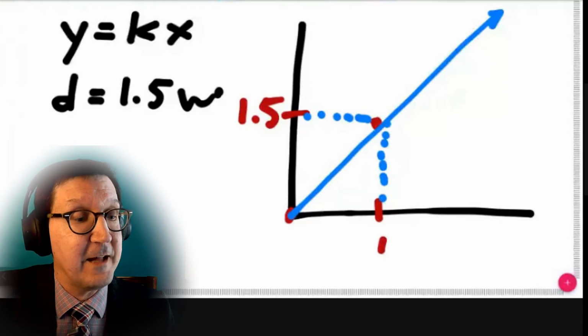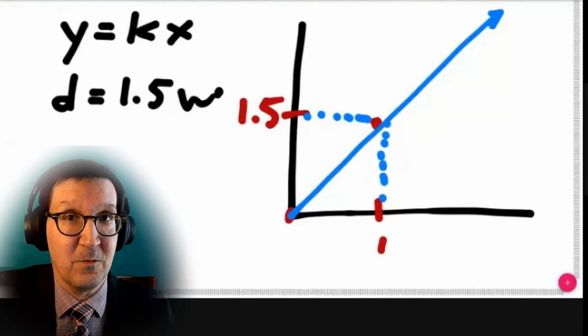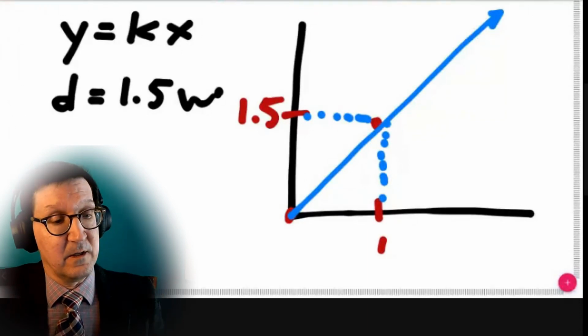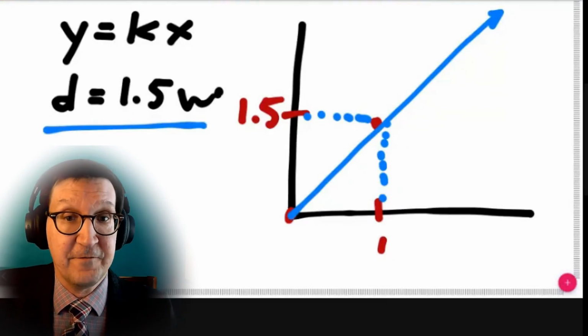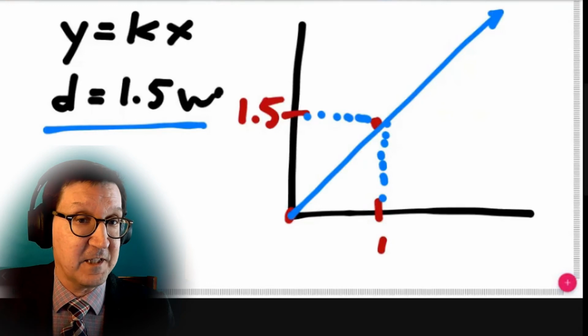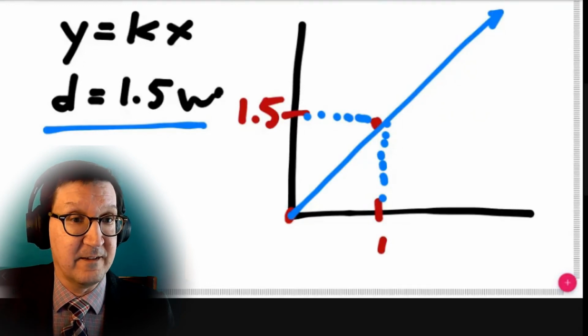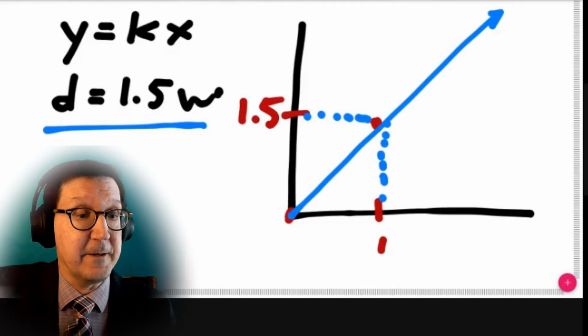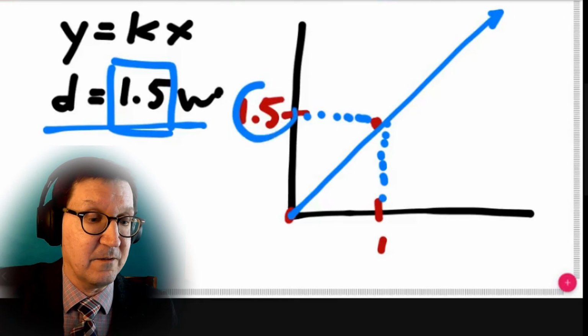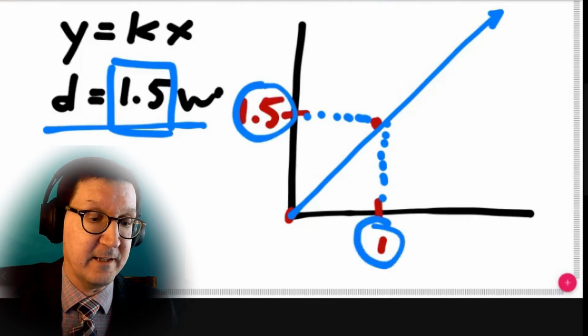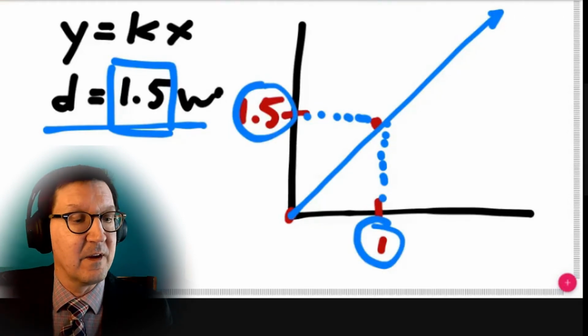Now we know that from our y equals kx setup. So because this is set up the same way, D equals 1.5W, and that's the length of the scale drawing based on the length of the bat wing, then yeah, that would be our constant of proportionality. That 1.5, because 1.5 to 1 is that constant of proportionality.